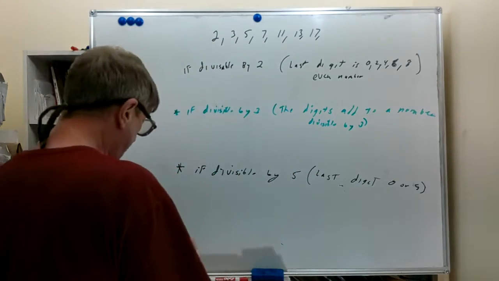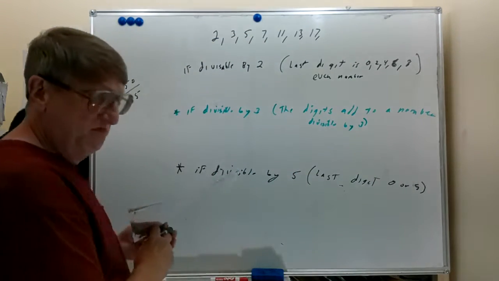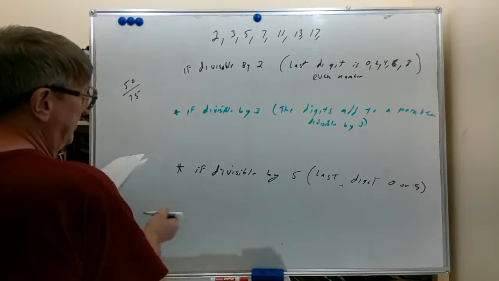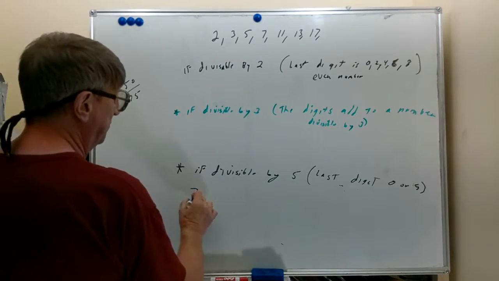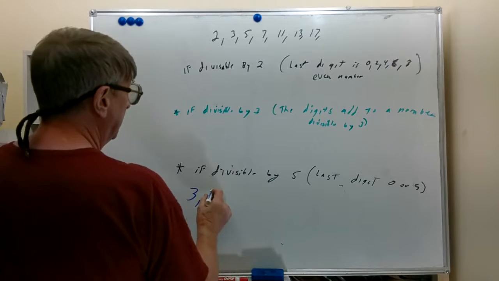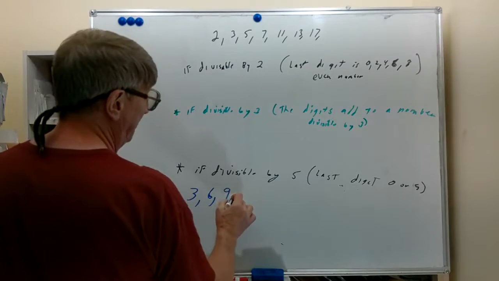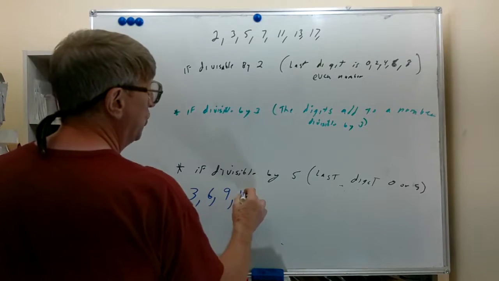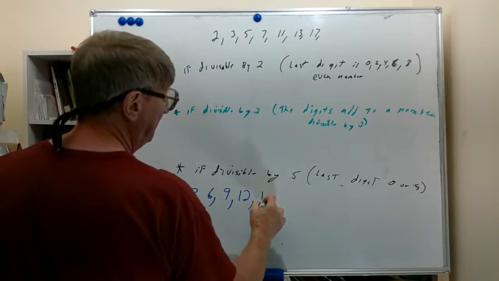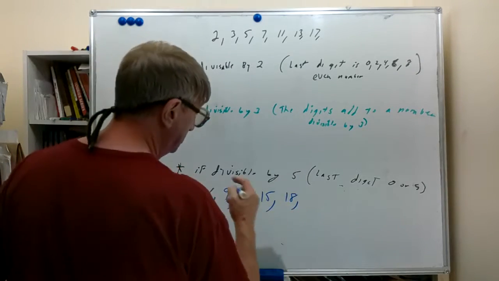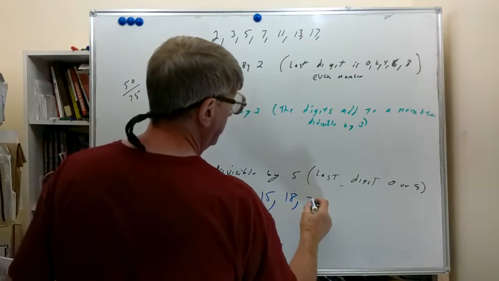So let's list down here some of the numbers divisible by 3 that we can think of. Well, 3 is divisible by 3. 6 is divisible by 3. 9 is divisible by 3. 12, 15, 18, 21.